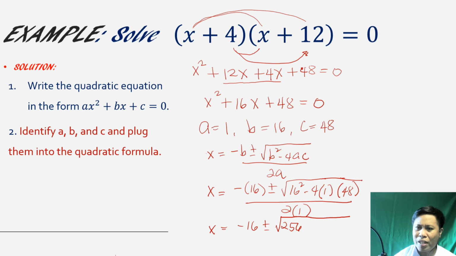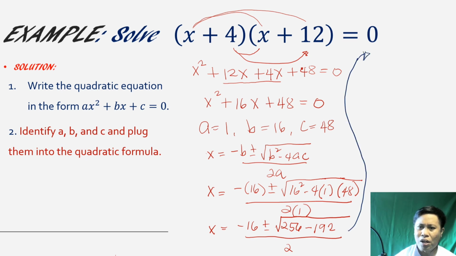Then negative 4 times 1 times 48, so this is negative 192. Okay? All over 2 times 1 is 2. Okay, so let us continue the process.